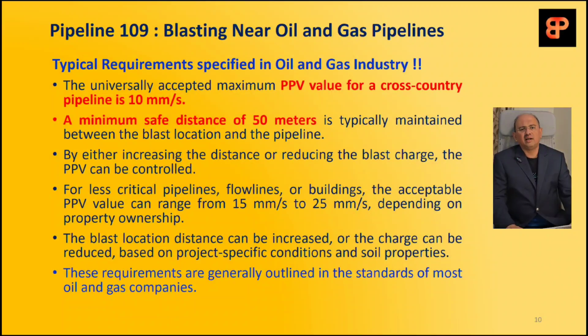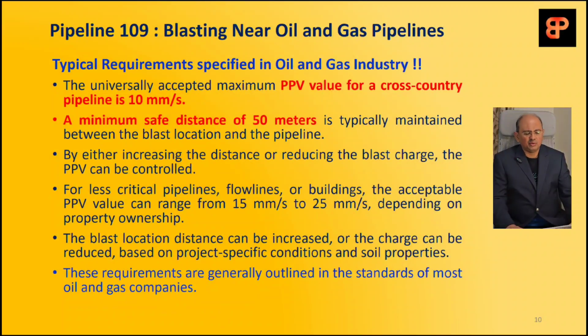Now you will understand that in most of the oil and gas standards, when they say that the acceptable PPV limit for the cross country pipeline is 10 millimeters per second, and the minimum safe distance should be 50 meters from the blasting site, you will realize from where these values are derived. This is the importance of this lecture.